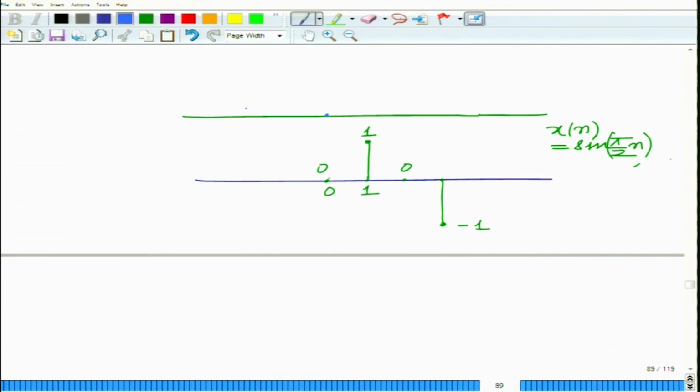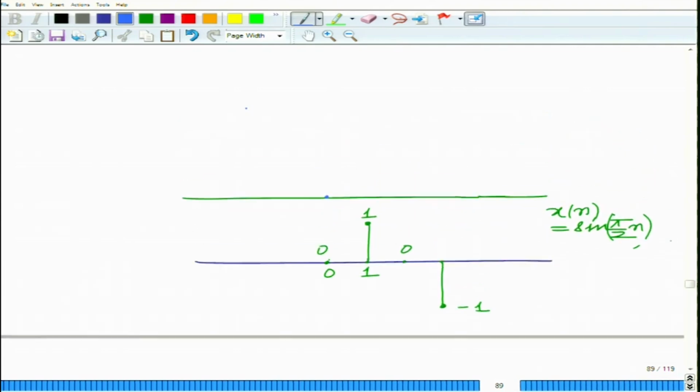I am just not going to draw the stems here, but I am just going to mark the values. This is h of n: h of 0 is 1, h of 1 is 2 to the power of 1, which is 2, h of 2 is 2 to the power of 2, which is 4, and h of 3 is 2 to the power of 3, which is 8. Okay.